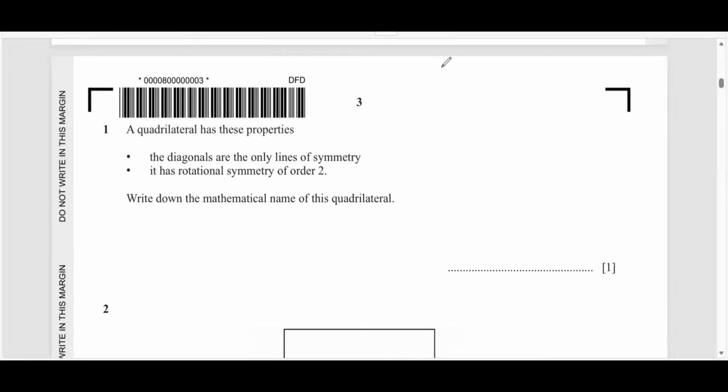So let's just name them down here, starting with a rectangle. Rectangle is a quadrilateral because it has four sides.